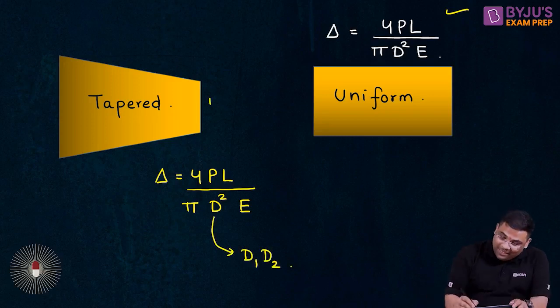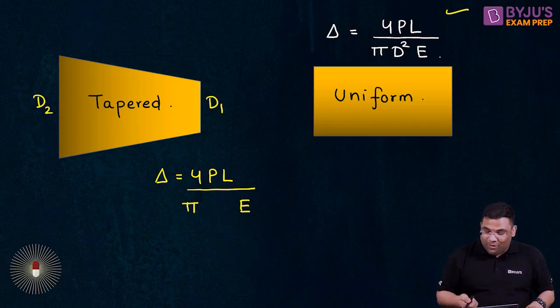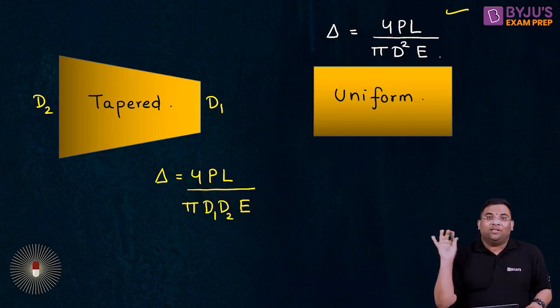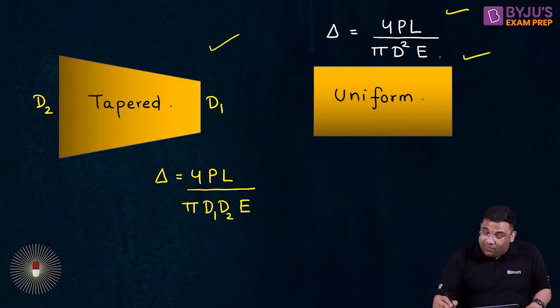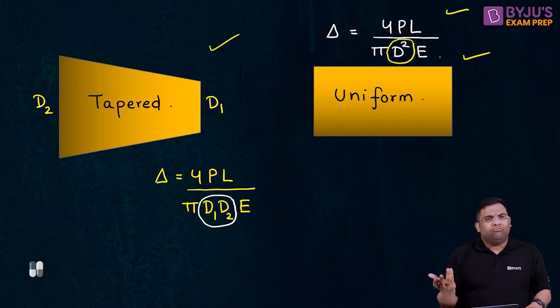Very simple. You got your expression for deformation in a tapered bar due to axial load. So if you know this, you know this also. In place of d square, you just replace that with d1 and d2. Very simple.